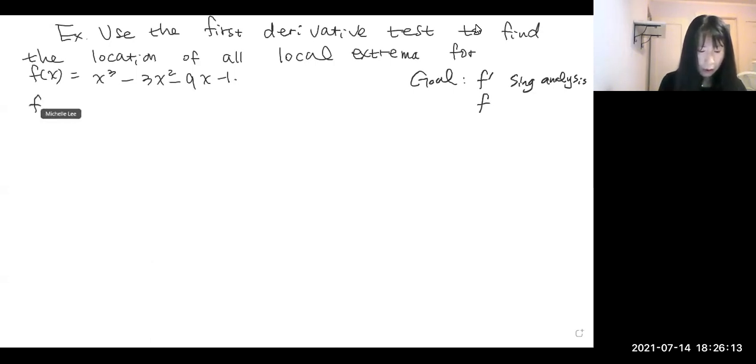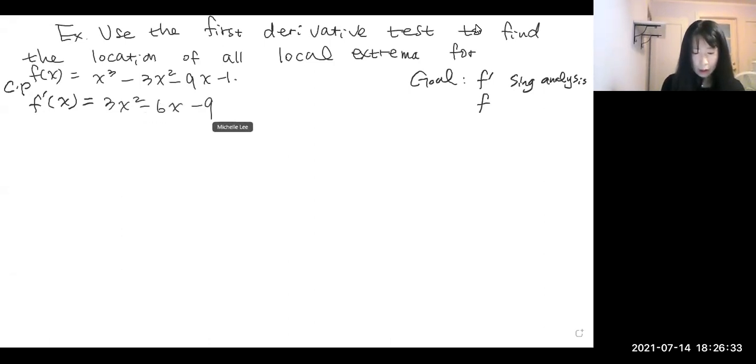Then first of all, we're going to find the critical points. Okay, so f prime of x, what do you get? 3x squared minus 6x minus 9. Then we set this equal to 0 and solve for x, right? Can you please factor it?